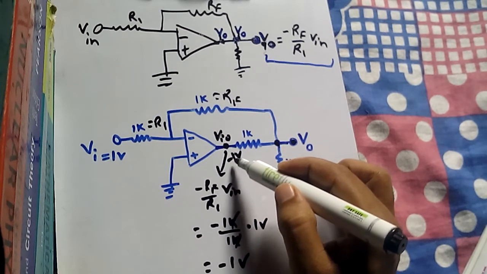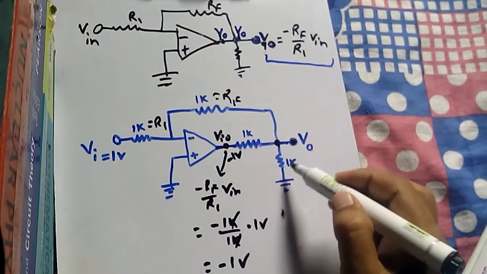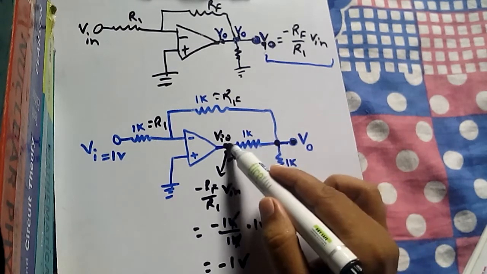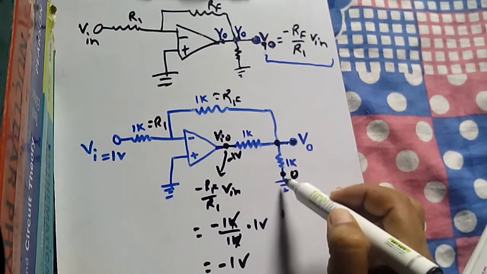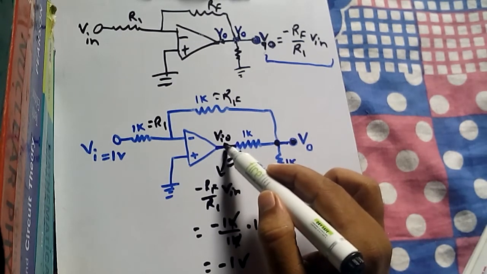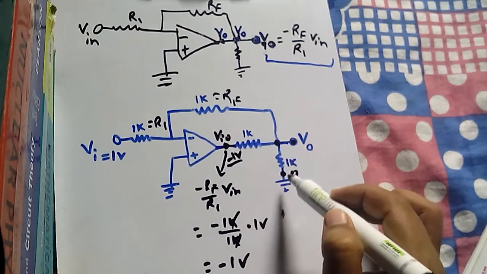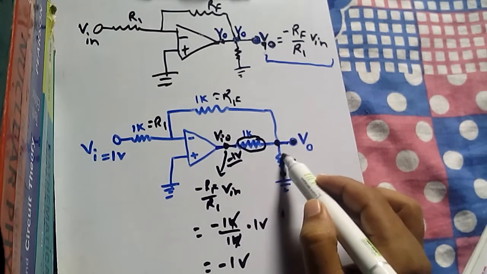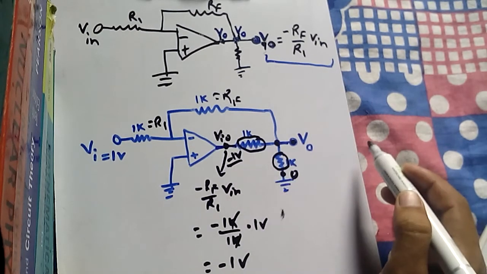So minus 1 volt finally will drop to 0 at this point. That means the voltage that we get here as the ideal output will finally be dropped completely in this voltage divider circuit. There will be a drop across this and a drop across this.